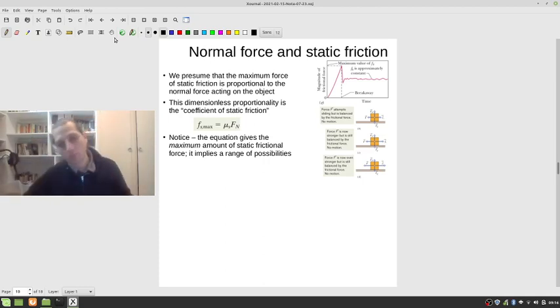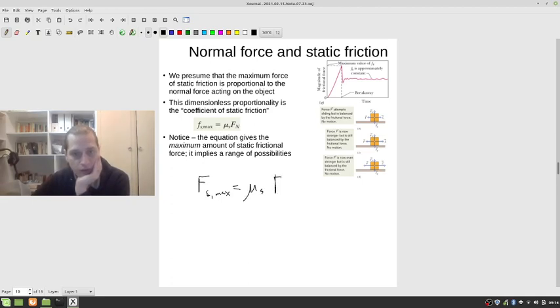So that's the normal force. So what we propose is that the maximum force of static friction is going to be proportional to the normal force acting on the object. And so what we say basically is the maximum force of friction is going to be some number times the normal force. And this number we call the coefficient of static friction.